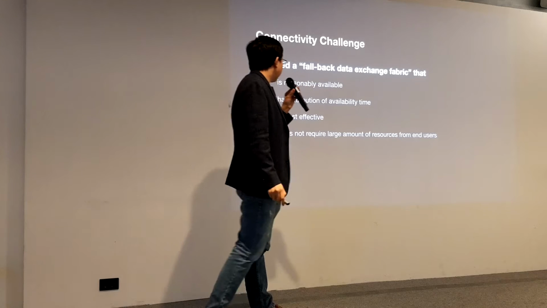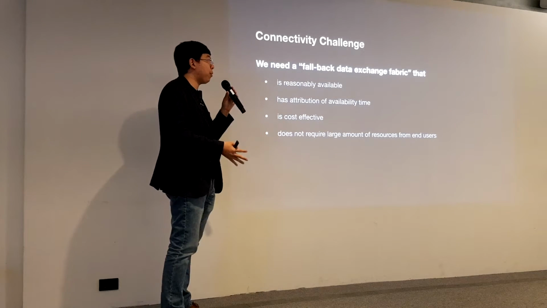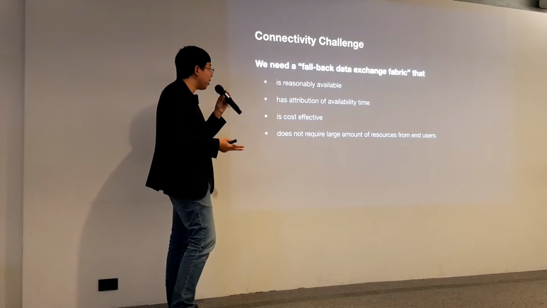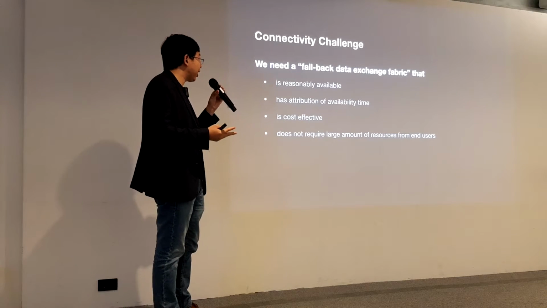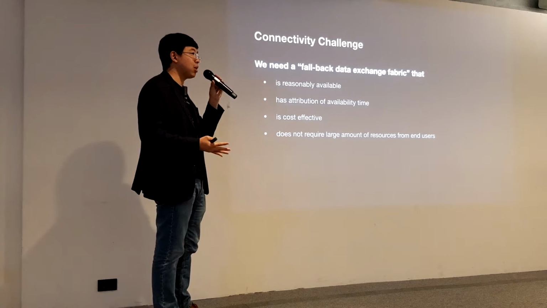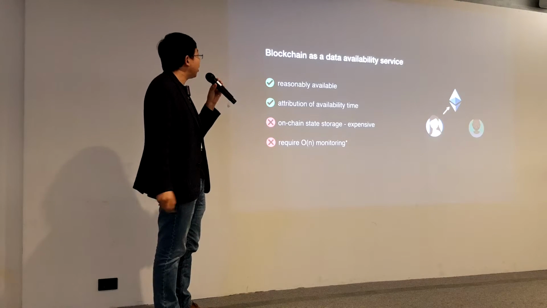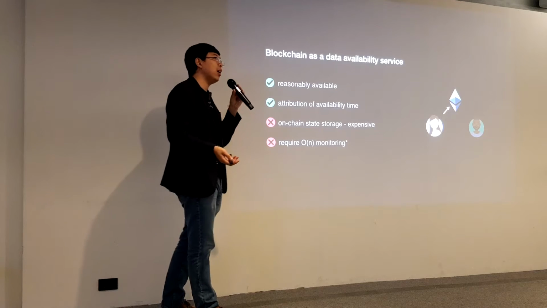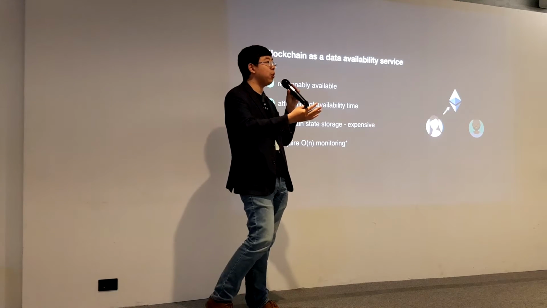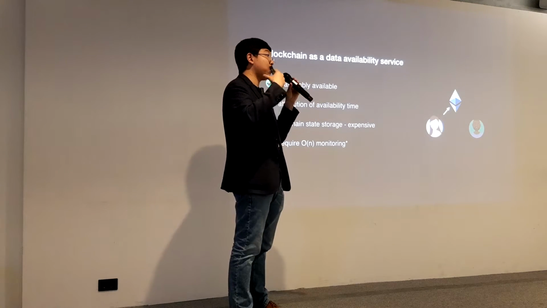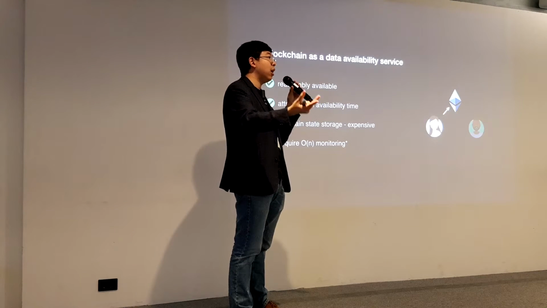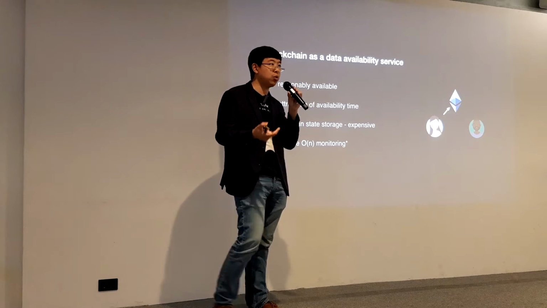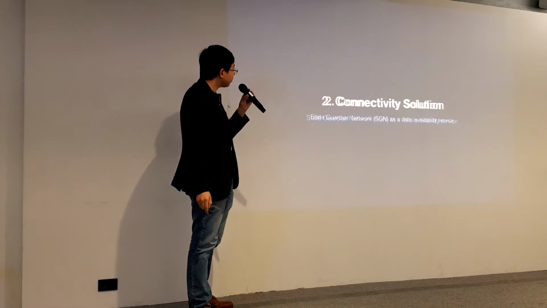So we need a fallback data exchange fabric that is reasonably available, has attribution of availability time, and is extremely cost effective and does not require a large amount of resources from the end users. We can use the blockchain as a data availability service, basically meaning that if you're passing data to your opponent and your opponent does not respond, you just pass that data also on the blockchain, assuming that everyone has reasonable accessibility to the blockchain itself.